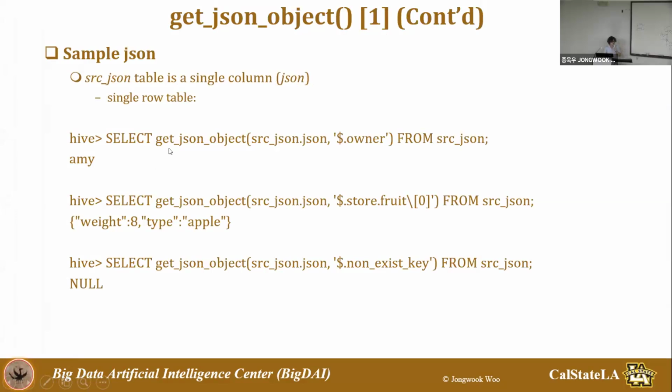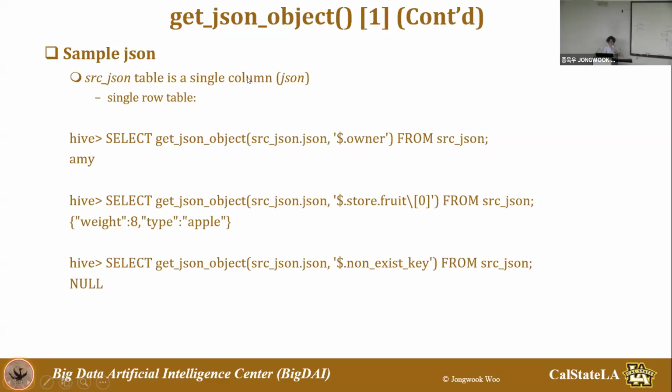same as we tested, you can use select statement. So suppose that you create a source JSON table that is to read the entire JSON file as a string. So this source JSON table has a single column. This is a single column table.